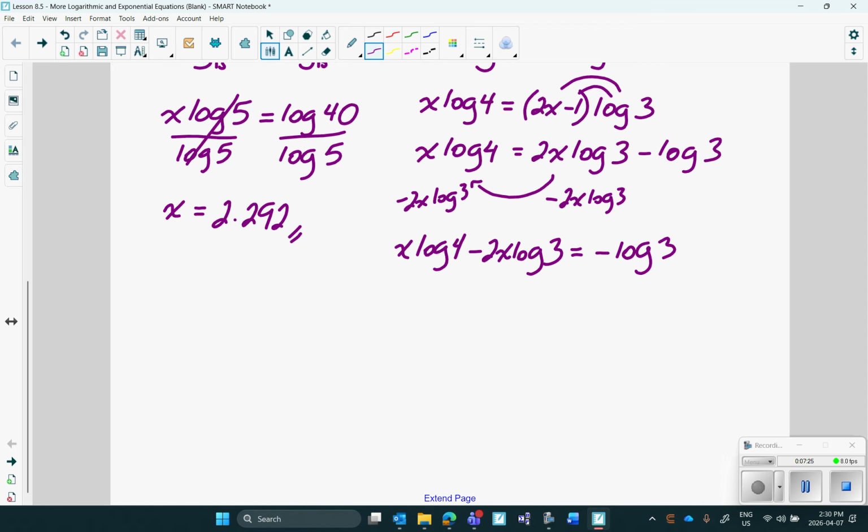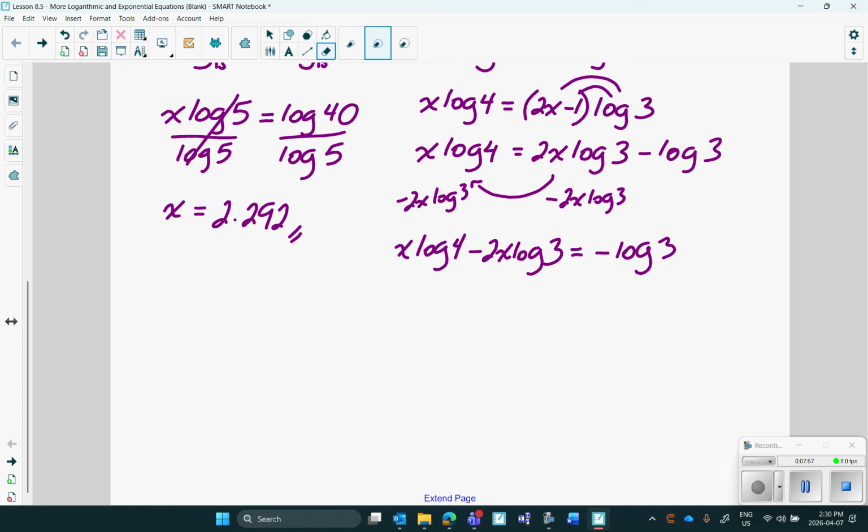This next step you're really going to have to think about. We got the x's together on one side, but somehow I have to make this look like x equals at the end. Any ideas? This is a challenging question. I've got the x's in 2 logs.